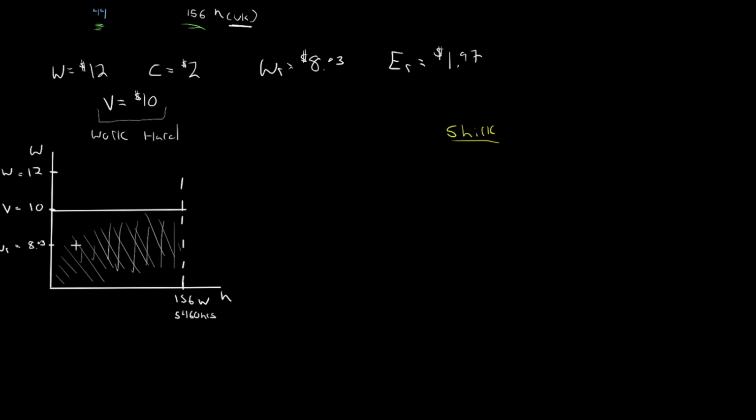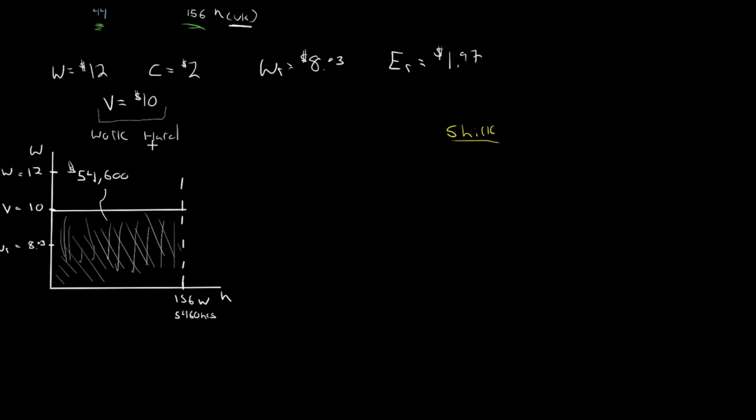This would be her payoff: $10 an hour, wage minus cost, over 5,460 hours. So this would be a payoff of $54,600. The question is, where does she get a better payoff? Does she get a better payoff working hard or shirking?